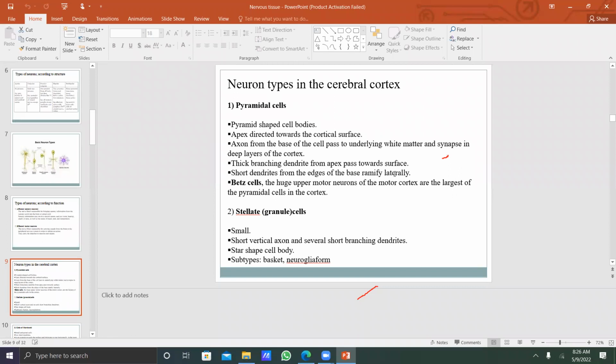Then we have these special neuron types in the cerebral cortex. Some cells are named according to their shape, some according to their features, some according to the person who first described the cell type.